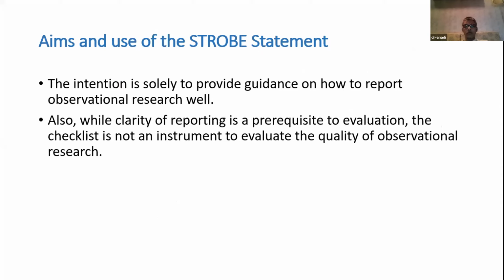For you, the STROBE statement is very important to write a synopsis. Also, while clarity of reporting is a prerequisite to evaluation, the checklist is not an instrument to evaluate the quality of observational research.